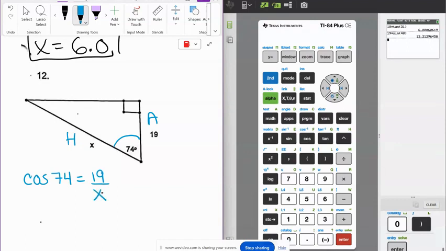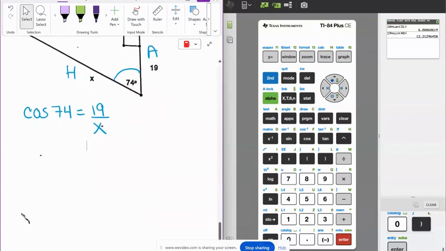What is different about this problem? Matt? X is in the denominator. Good. X is in the denominator. You cannot solve for a variable in the denominator. You must get it out of the denominator and then solve. How am I going to get it out of the denominator? I'm going to have you multiply. I'll rewrite it so you guys can see the original problem. So we have cos 74 equals 19 over x.